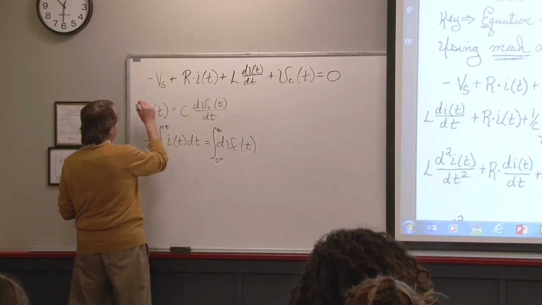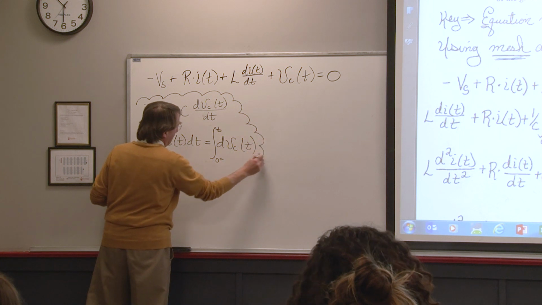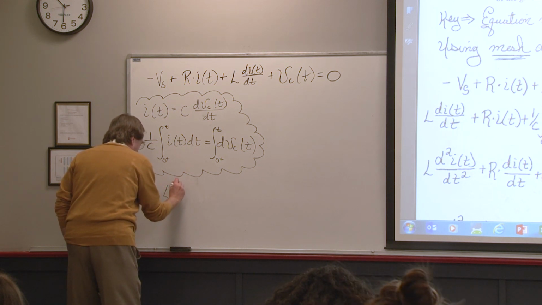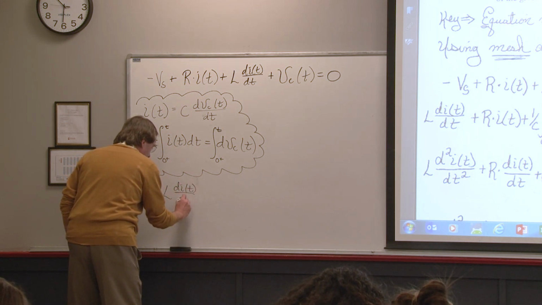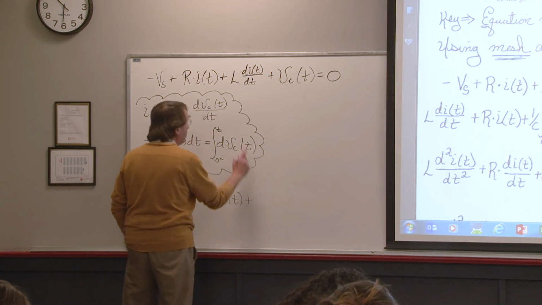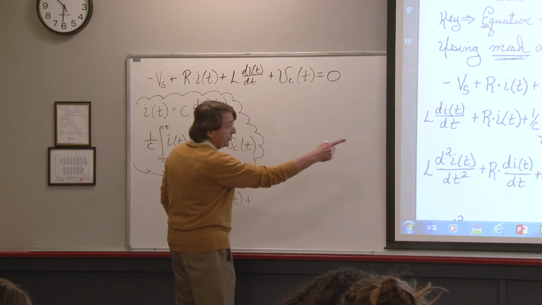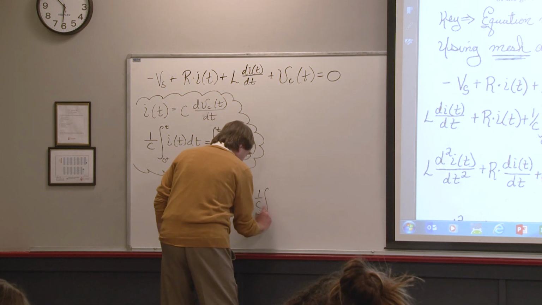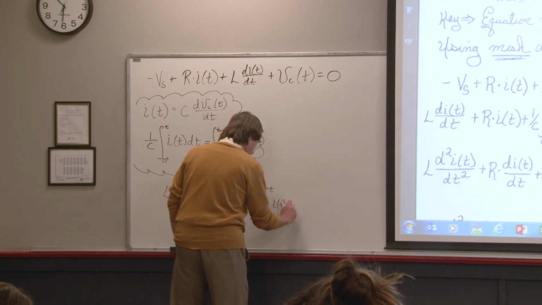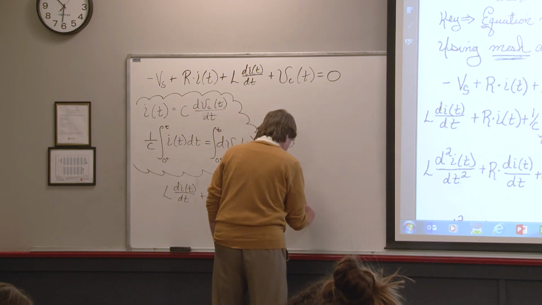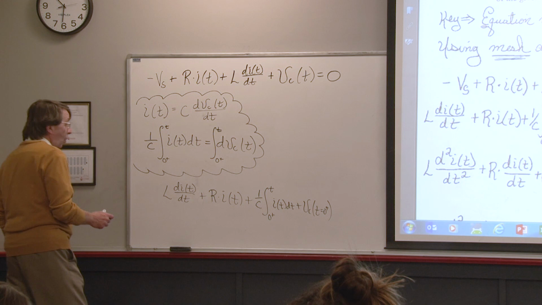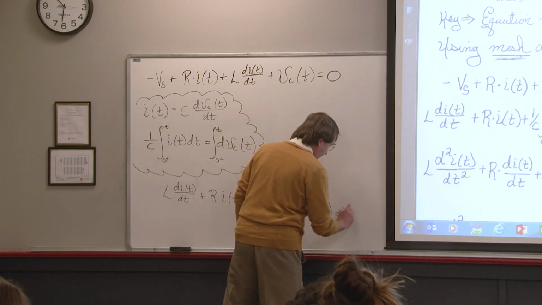So what I get: L di/dt plus R times I of t plus V sub C of t. V sub C of t is 1 over C, the integral from 0 plus to t of I of t dt plus V sub C at t equals 0 plus. Okay? All of this equals Vs.